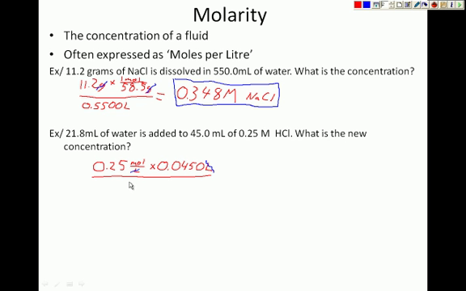But I'm going to change that to liters, so it's going to be 0.0668 liters. Okay, we do this quick calculation of 0.25 times this number divided by this number, and what we get is 0.17.